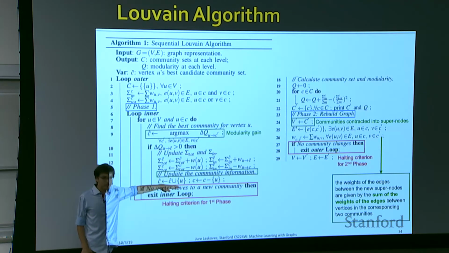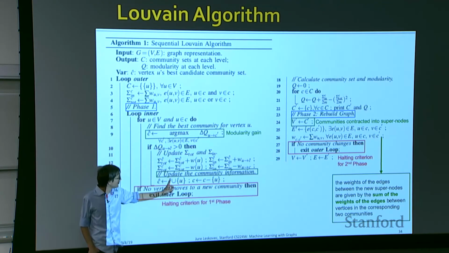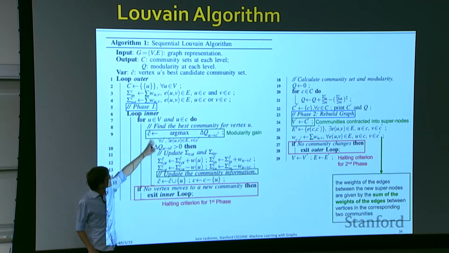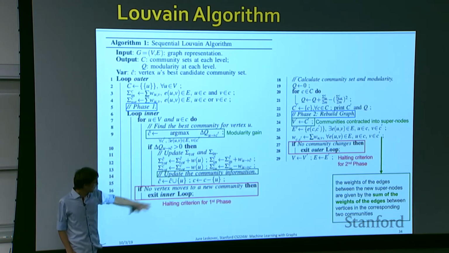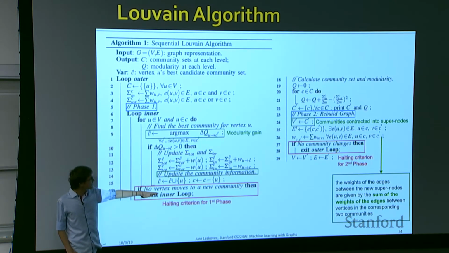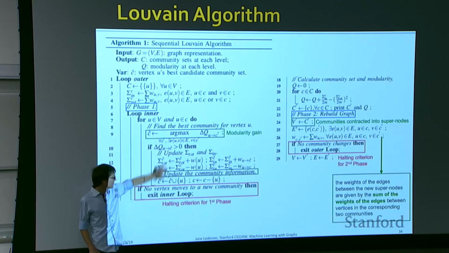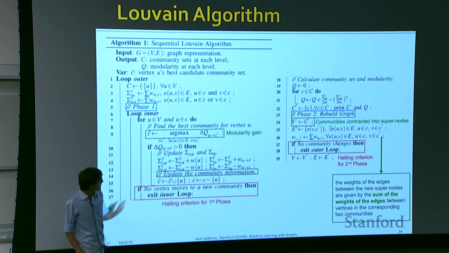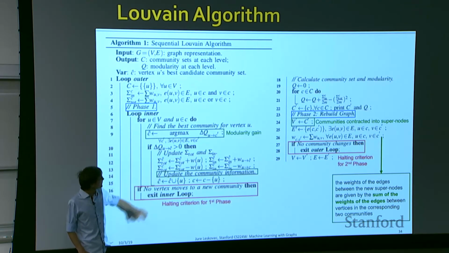And here I update the memberships of nodes to communities. I take this node and put it into community C hat, and take it out of community C, where C hat is the community that increases the modularity the most for node I. If no vertex makes a move, which means the benefit is not greater than 0, I'm done, I stop, and that is phase one. Again, all that is there is bookkeeping plus moving the node.